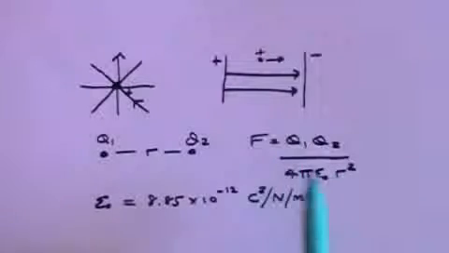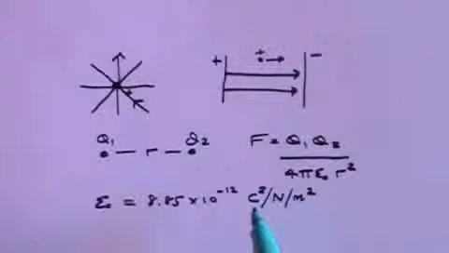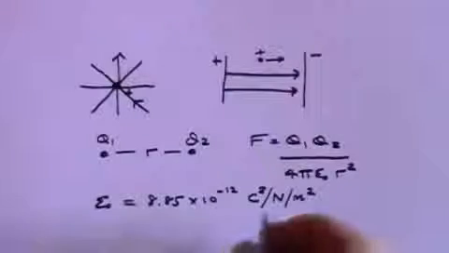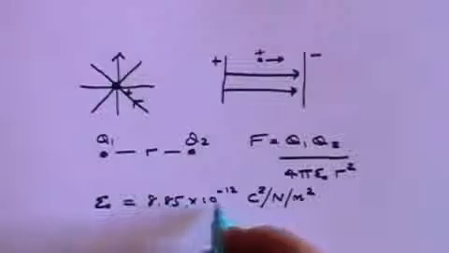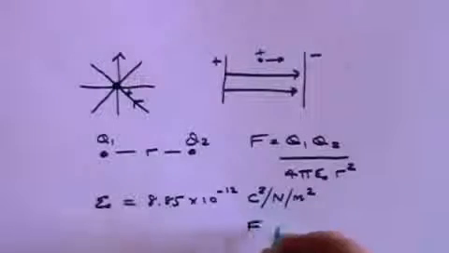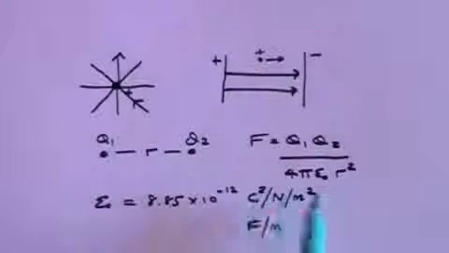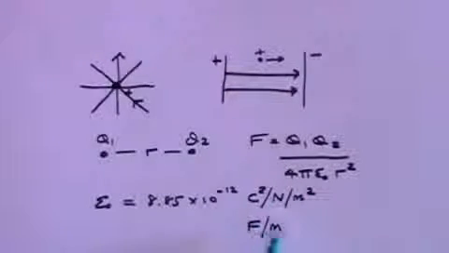So in order for this to be dimensionally consistent, epsilon naught has to be in terms of Coulomb squared per Newton per meter squared. But you will also find that described as 8.85 times 10 to the minus 12. The value is the same, but the units are farads per meter. And you'll find that when we deal with capacitance. If you look at the videos on capacitance, essentially that unit is the same as that unit.